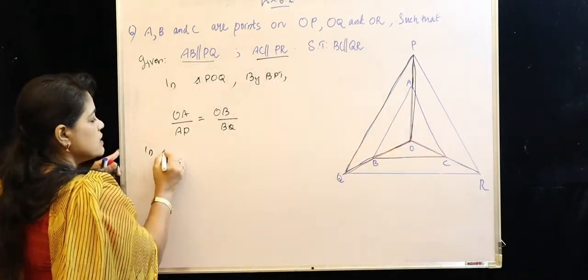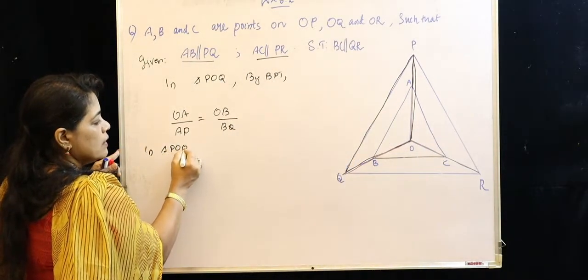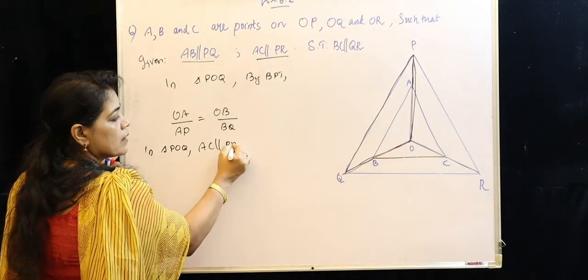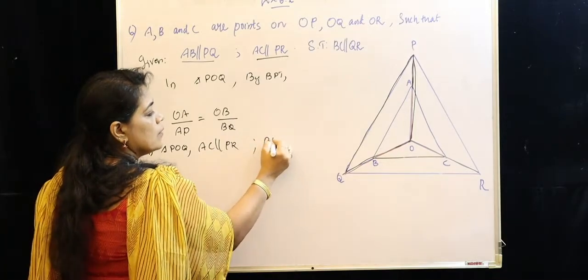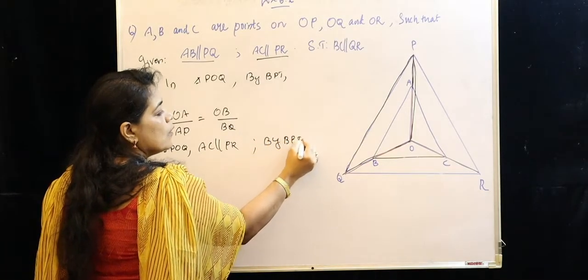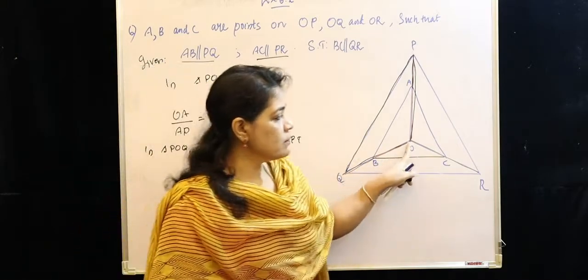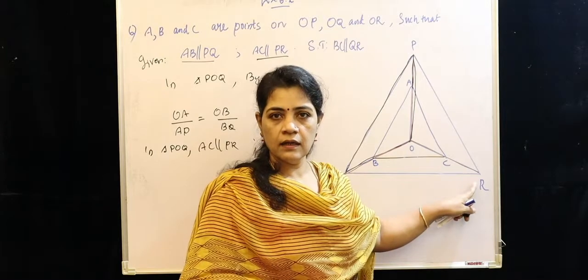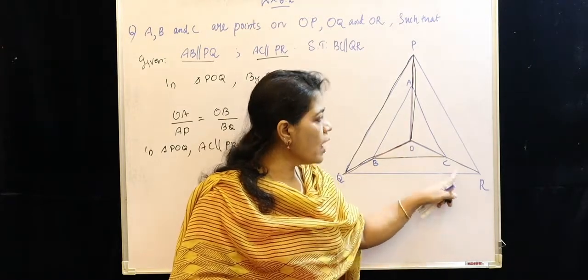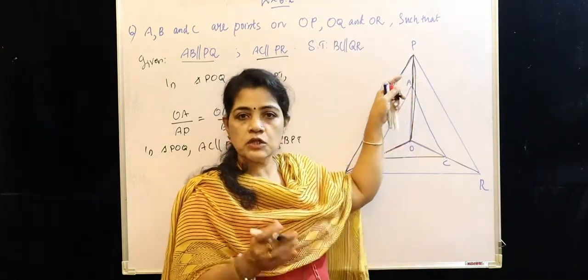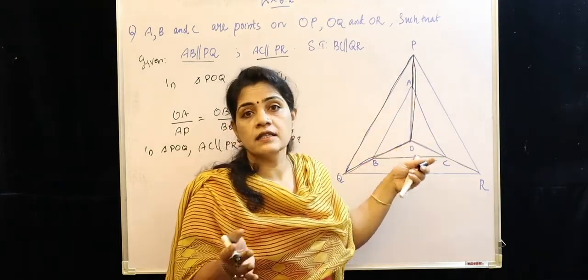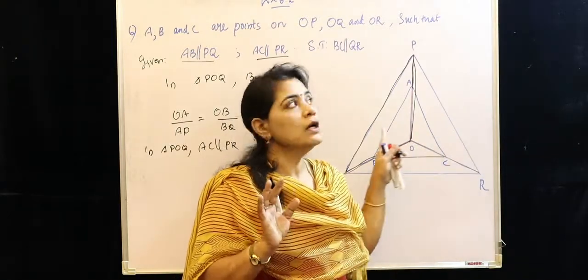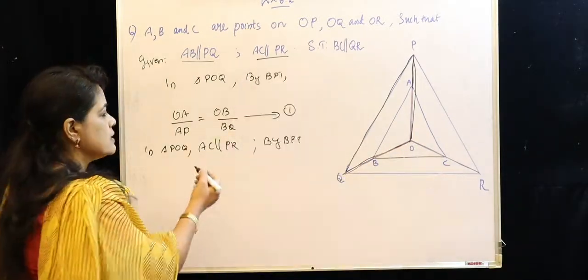In triangle POR, since AC parallel to PR, by BPT, what can you write? You can start from this vertex O, that means OC by CR. The other two sides are OR and OP, and these two sides are divided in the same ratio. Why? Because this AC is parallel to this side PR. That is the next step.